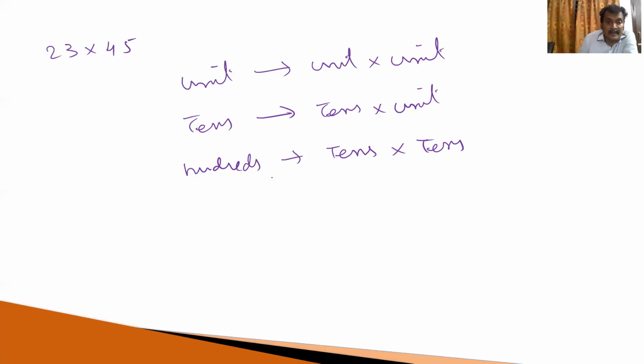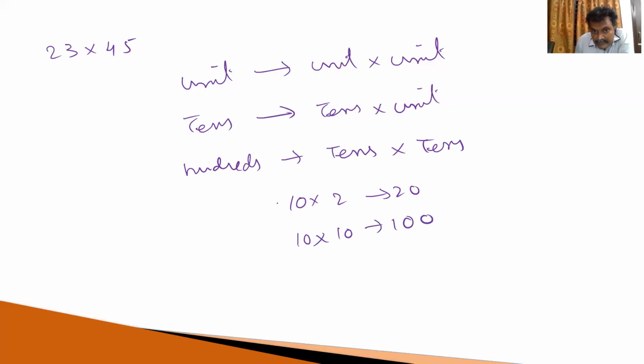Suppose you want to find the hundreds digit, what should you do? 10 into 2 is 20, 10 into 10 is 100. If you multiply the tens digit with the unit digit, you will get the tens digit only. If you multiply the tens digit with the tens digit, you will get the hundreds digit. Another possibility is also there: if you multiply the hundreds digit with the unit digit, you also get the hundreds digit.